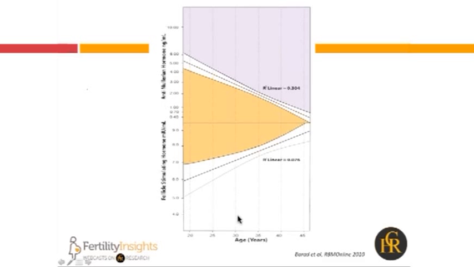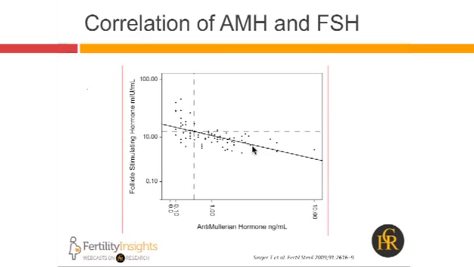And that combined gives you 9 potential combinations in which patients can appear.